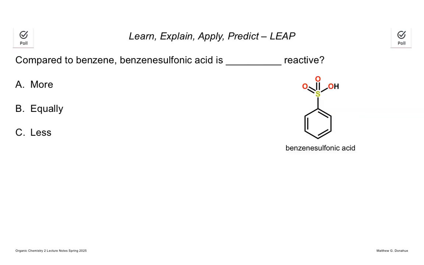How do you think the sulfur functional group affects the reactivity of the aromatic ring? So is the benzene sulfonic acid more, equally, or less reactive than benzene?